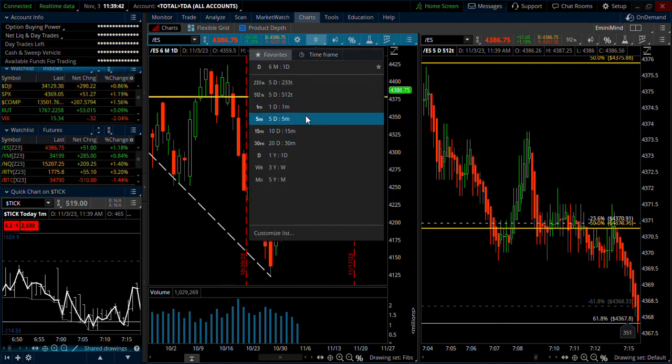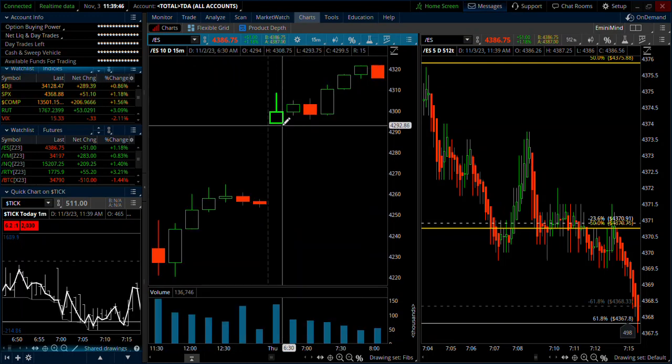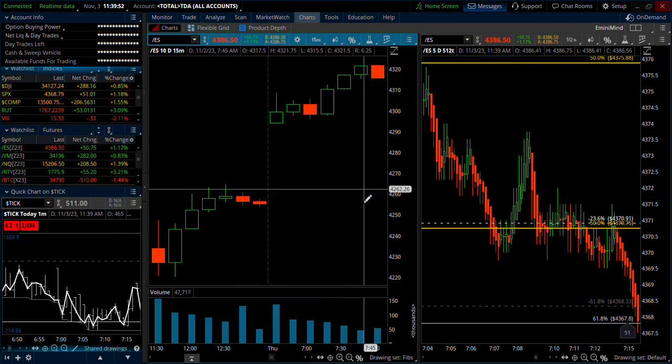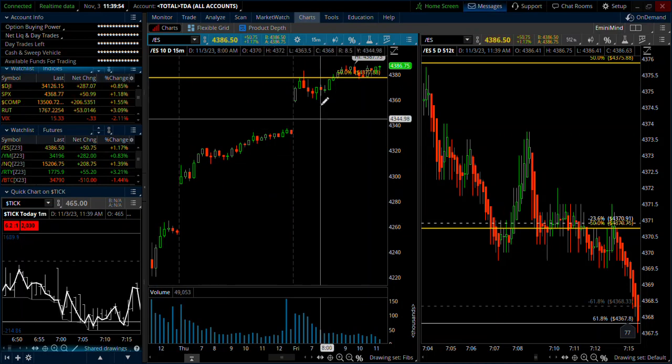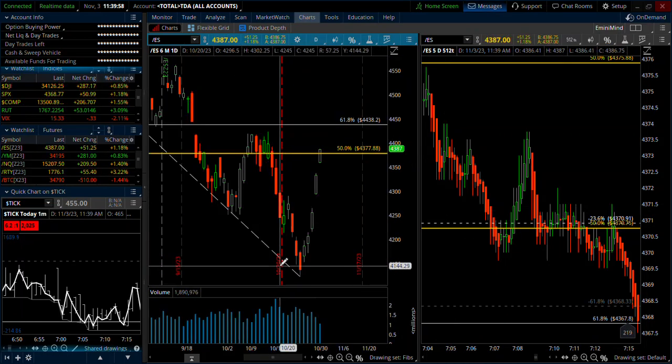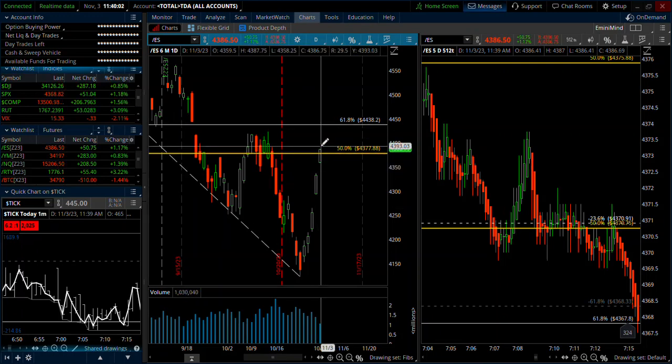I bought these on the SPY, not the ES, and looked at the first 15-minute bar, and once we broke above that first 15-minute bar, I just closed them out. I would rather close them out early for a small loss, and then buy them back on a day like today at the close, than just sit in that original position and let it go to expiration and hope that it comes back around.